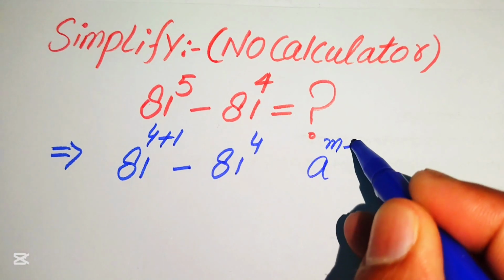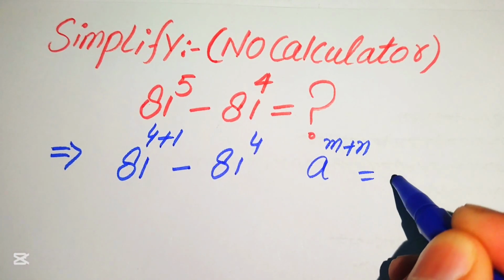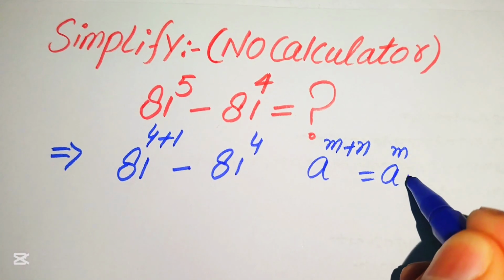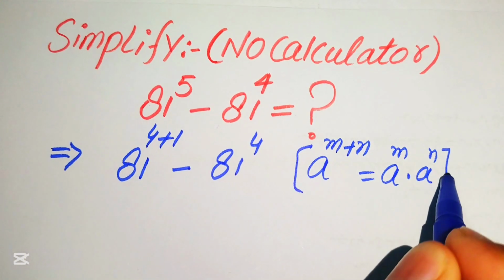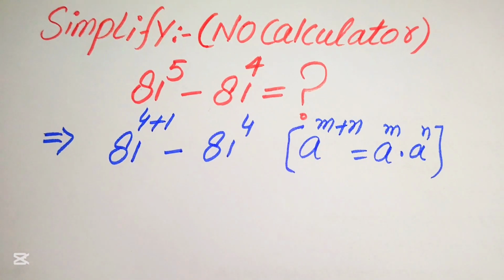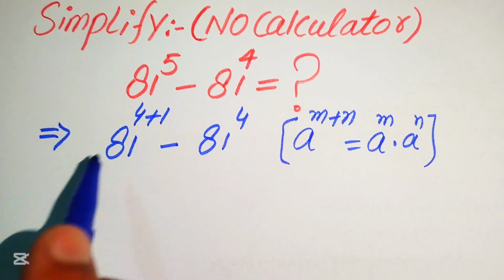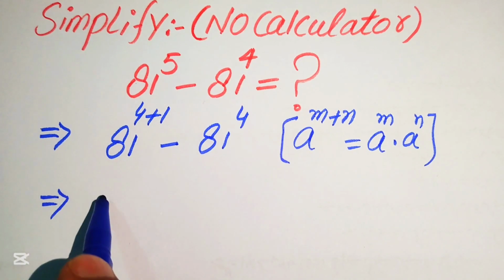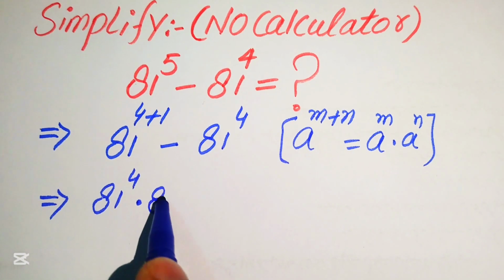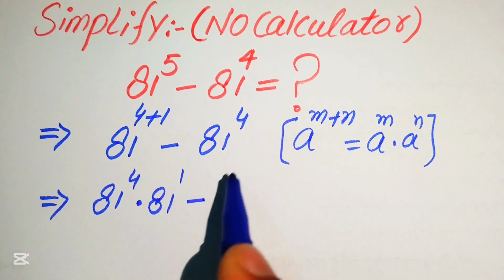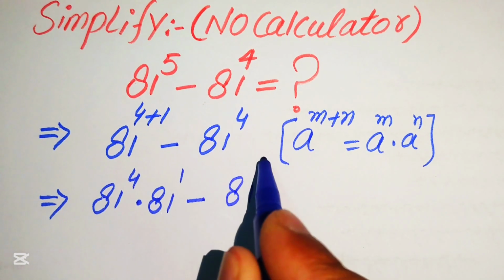You know that a to the power of m plus n equals a to the power of m multiplied by a to the power of n. According to this law, we break the exponent into this form: 81 to the power of 4 multiplied by 81 to the power of 1, minus 81 to the power of 4.